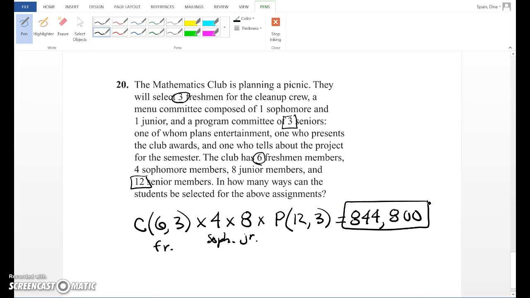All right, so for each one of these problems, and especially on your test, just read through the problem. It'll be something similar to what you've done in the homework. All you need to do is read through the problem, make sure if you're either adding or multiplying, and then make sure if you're using a combination or a permutation. That's the big thing.